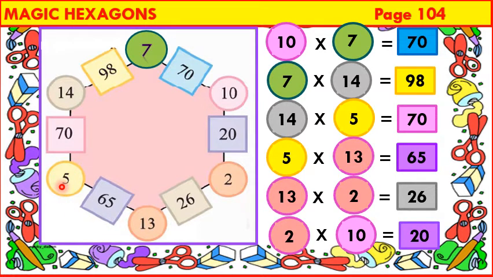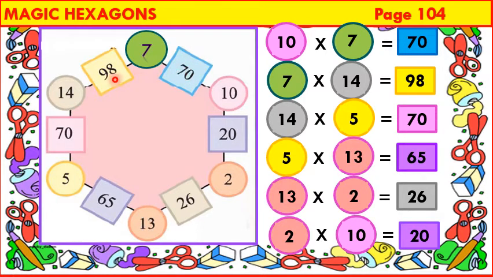Now consider 70 written in this box. Which are the 2 circles next to this 70? These both. Okay? Now multiply the numbers in these 2 circles. One is 7 and another is 10. 7 tens are 70.